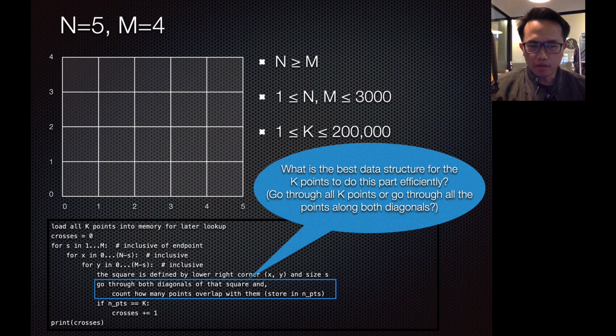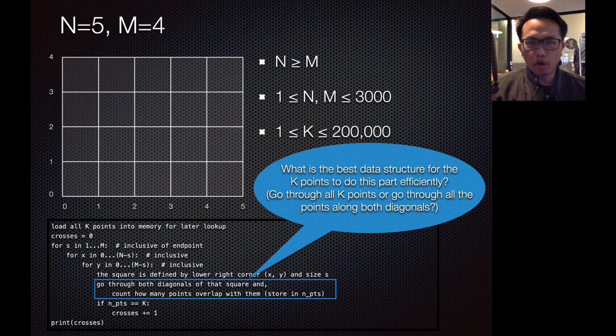The tricky part is, what's the best data structure to store those k points, the xy, efficiently so that you can retrieve them later? Remember, you have to check how many points are on the diagonals, right?